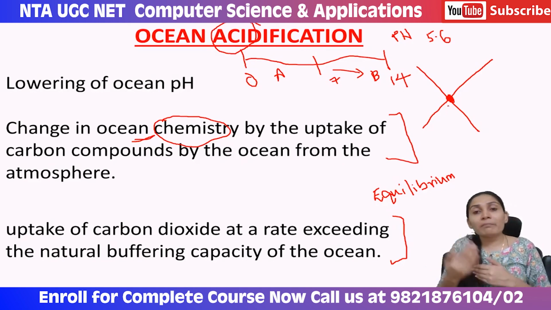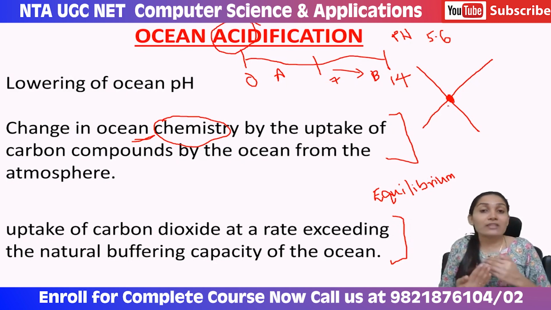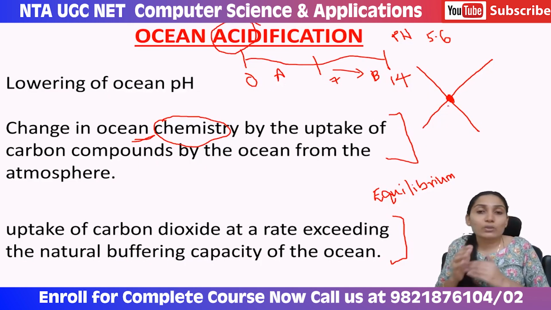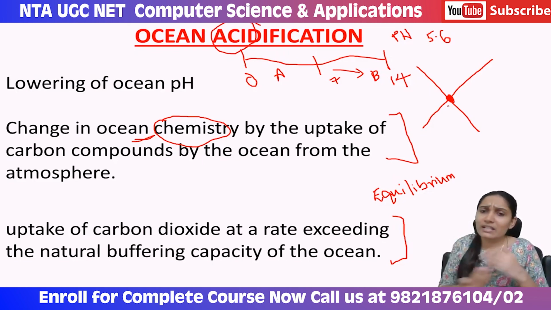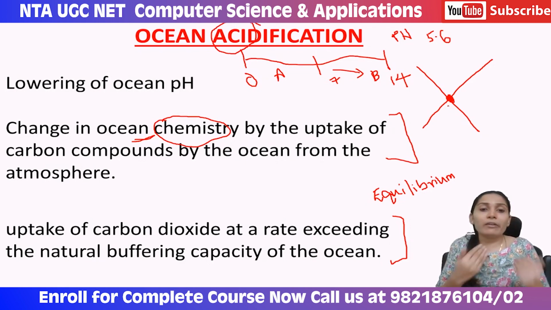Now what is the natural buffering capacity of the ocean? It is the rate at which the ocean can neutralize the acidification. The rate at which this acidification can be neutralized by the ocean is called its natural buffering capacity.